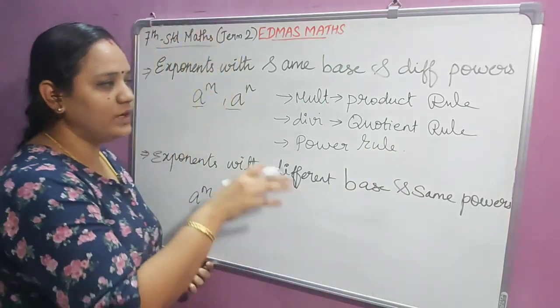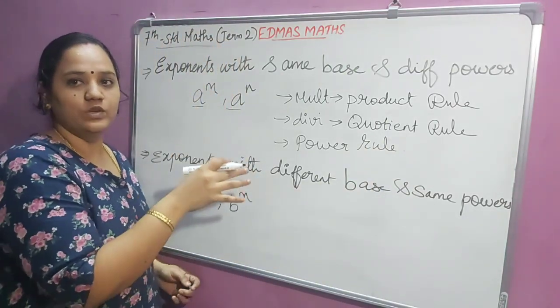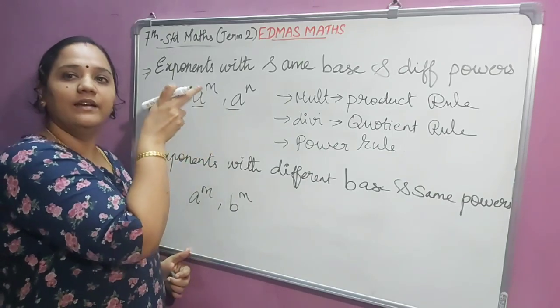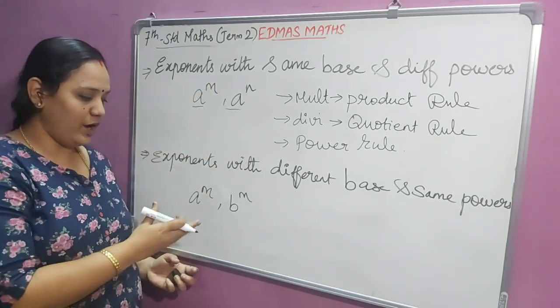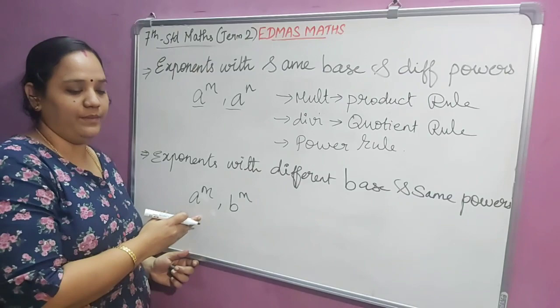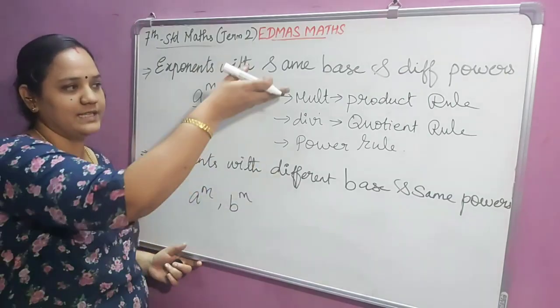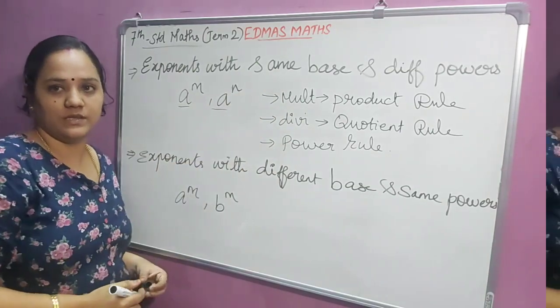So we are going to learn these 3 rules for exponents with the same base and different powers. And for different base and same power also we are going to see some of the rules. First let us see these 3 rules.